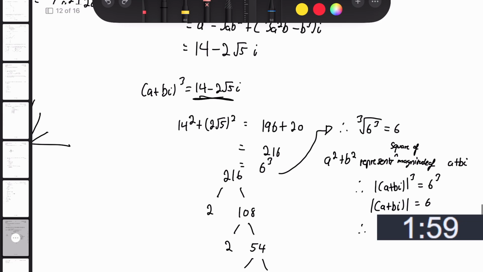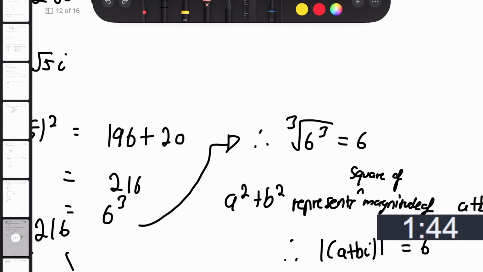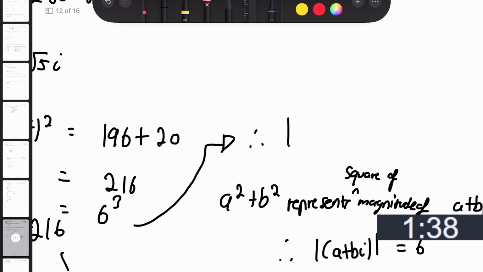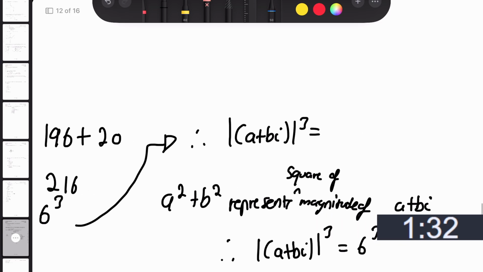The magnitude of this. So maybe the magnitude of a plus bi to the power of 3 is going to be equal to 6 to the power of 3.